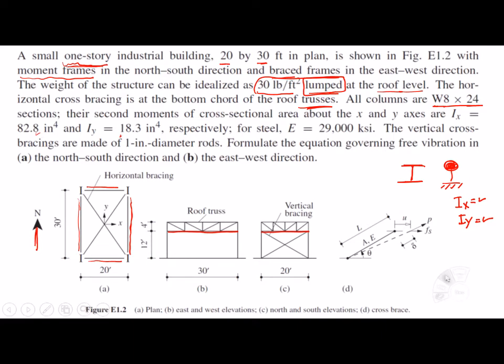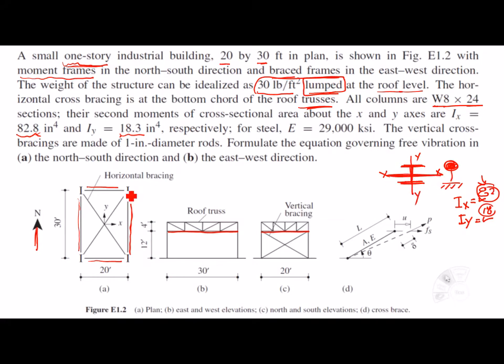Take care of one thing, the numbers are telling us something here. Ix is almost 82, and Iy is about 18. So this is the xx axis, and this is yy. Commonly, the section has bigger inertia around the xx axis.